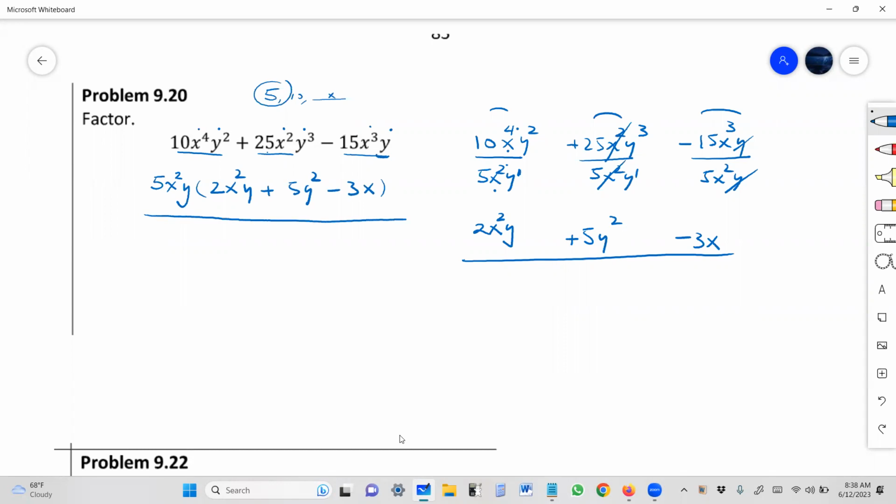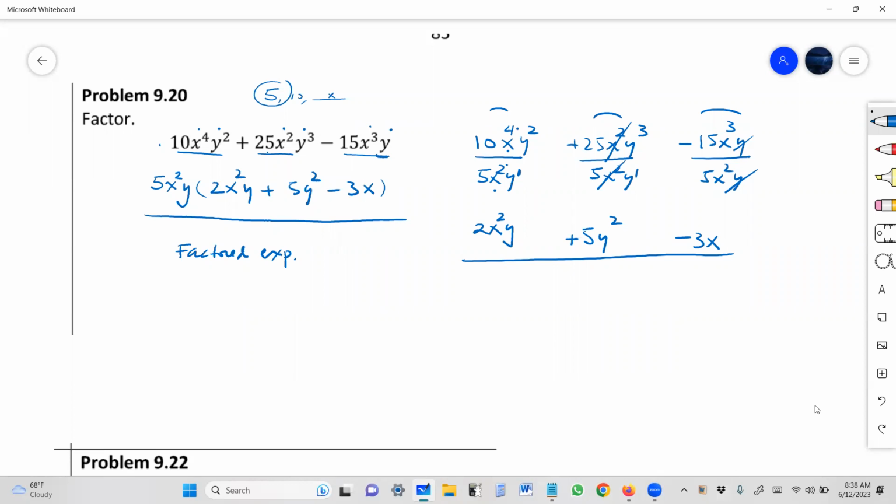And this expression right here is your factored expression, okay? If you wanted to check that this is correct, you can FOIL it as we've done in the previous section, and you would get back the original. So this is all there is to factoring the greatest common factor.